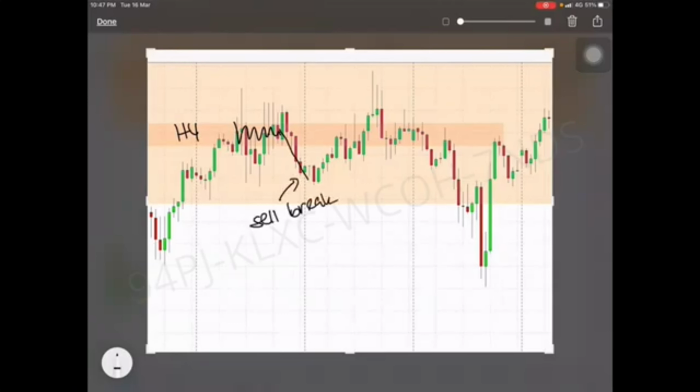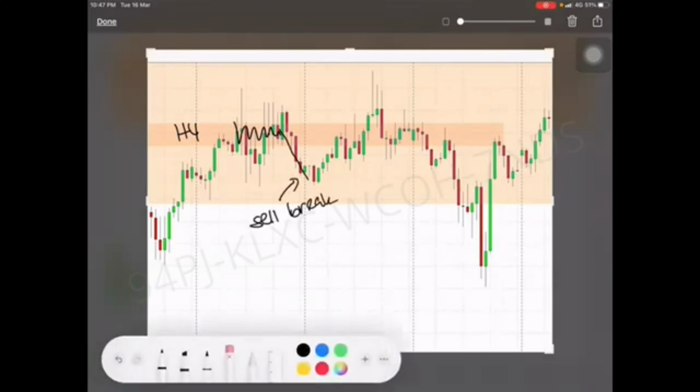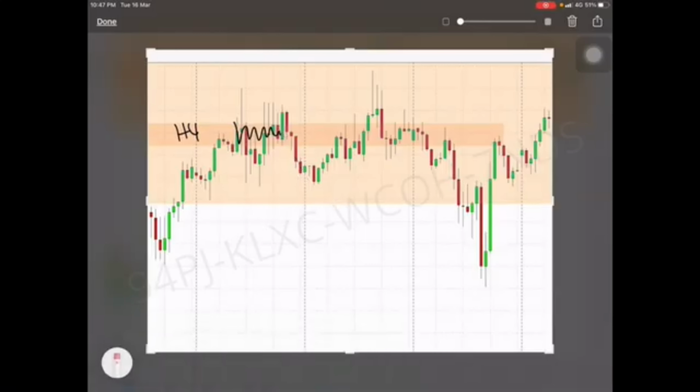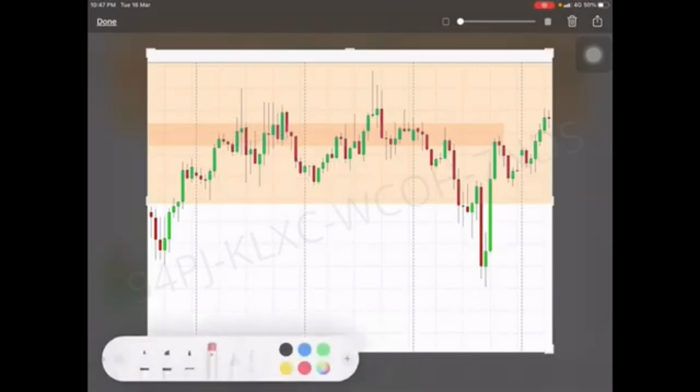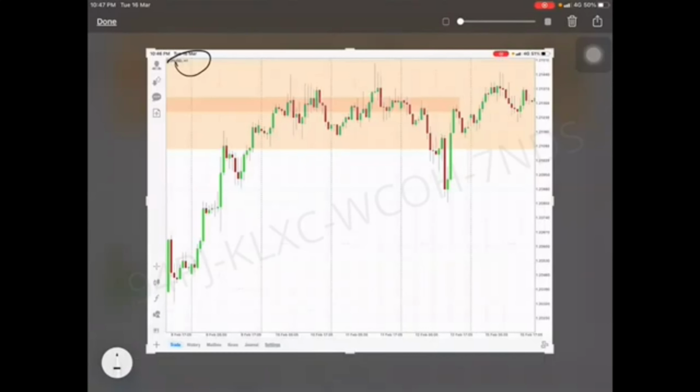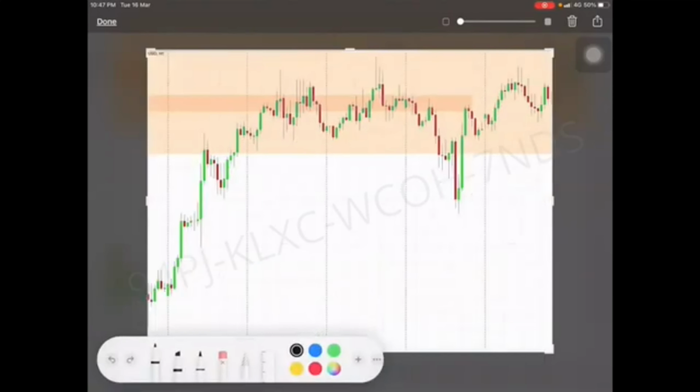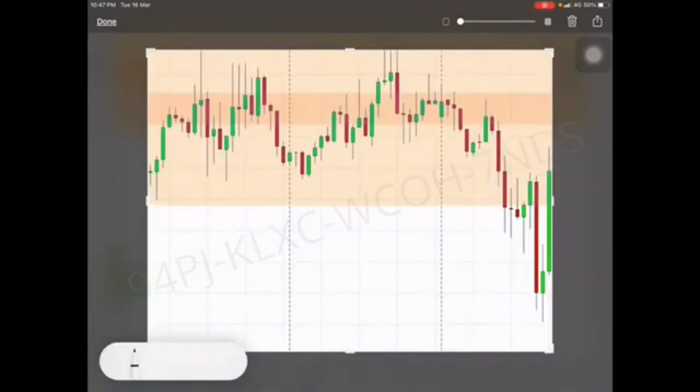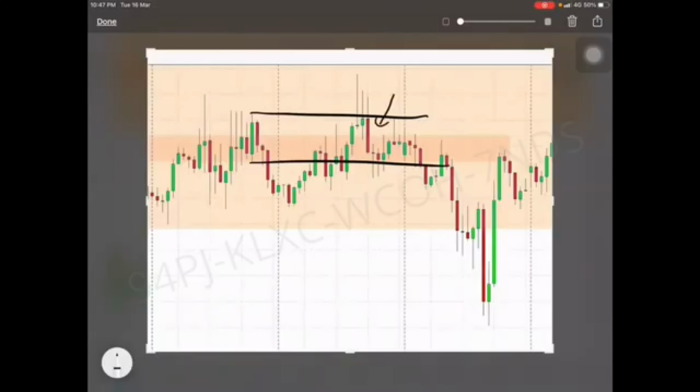So what do you look for after the sell breakout? This is H1. So we are looking for sell engulfing. So this is where we are going to entry. Okay. So you entry.